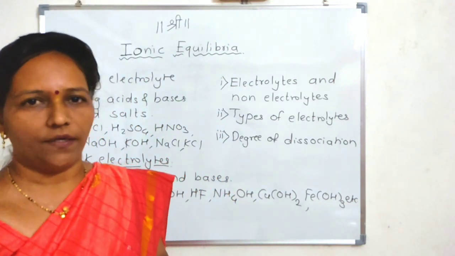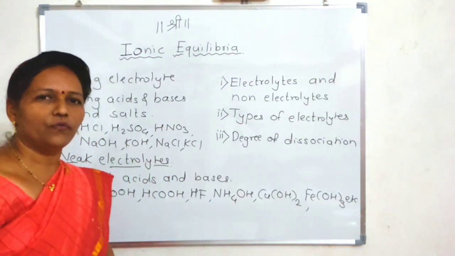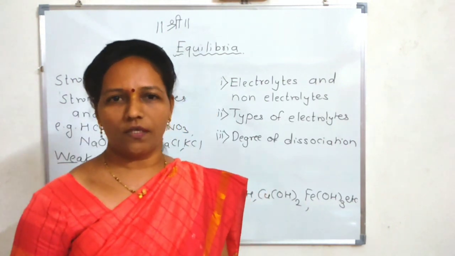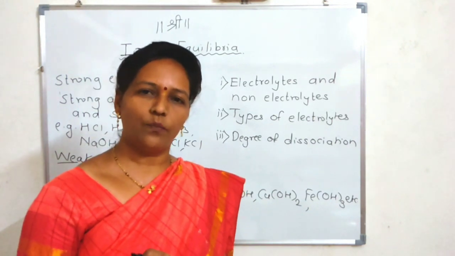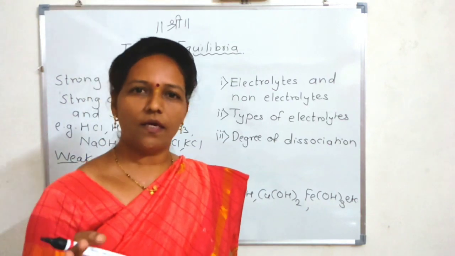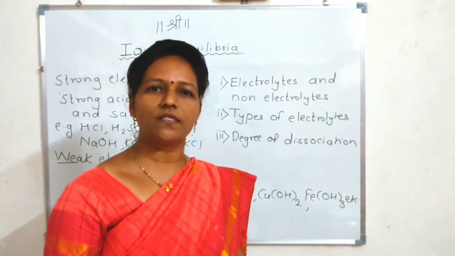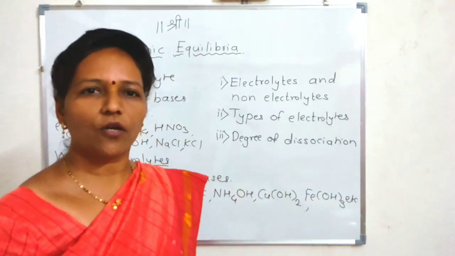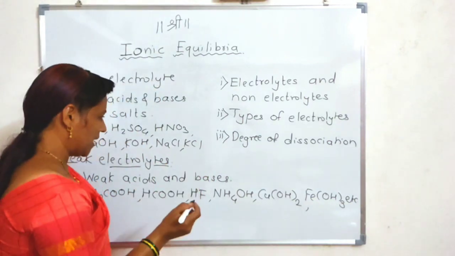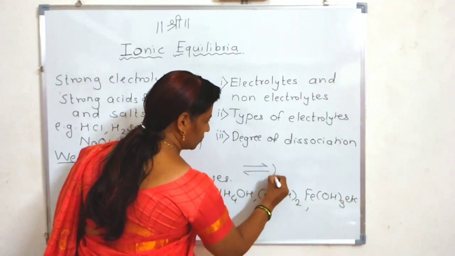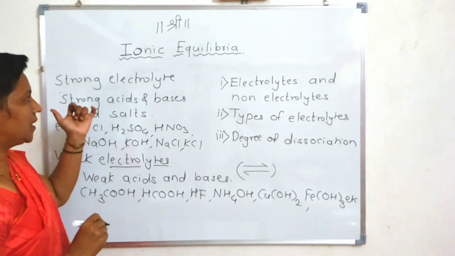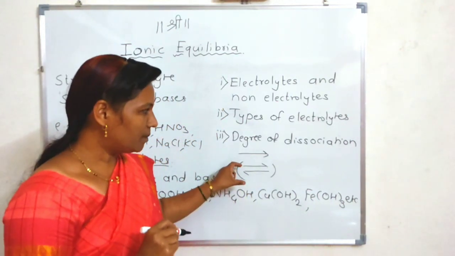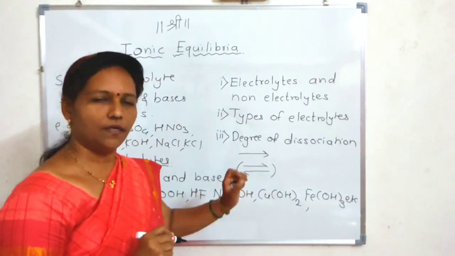As weak electrolytes dissociate partially, the solution of a weak electrolyte contains both ions and unionized molecules, and therefore equilibrium is established between these ions and unionized molecules. Therefore, the ionization reaction of a weak electrolyte is represented by a double arrow, while the ionization reaction of a strong electrolyte is represented only by a single arrow, as it dissociates completely.